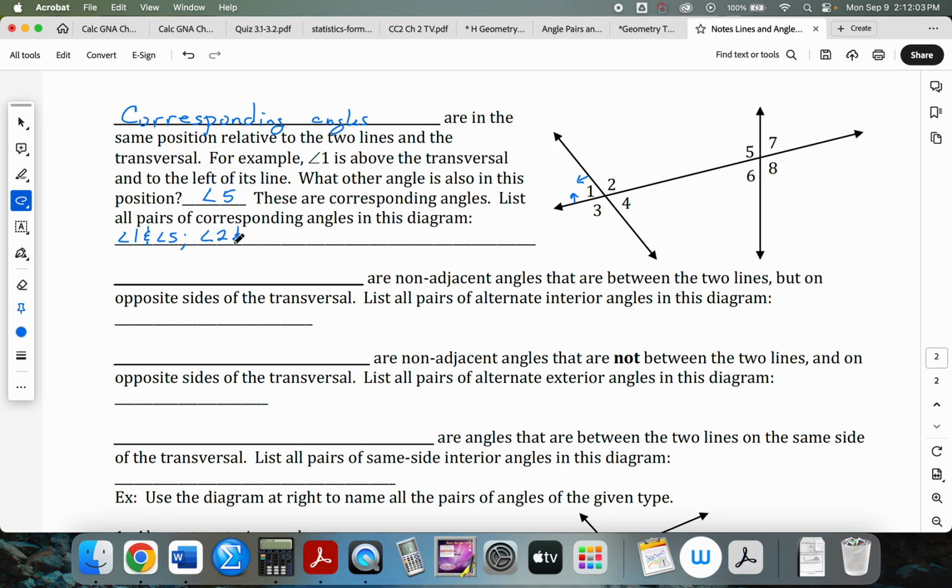What angle does angle 2 correspond to? Yes, thank you, ma'am. Corresponds to 7. Corresponding in math just means matching. What does angle 3 correspond to? To angle 6, good. So angle 4, right, corresponds to angle 8.